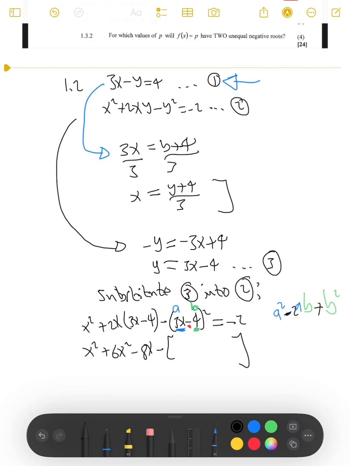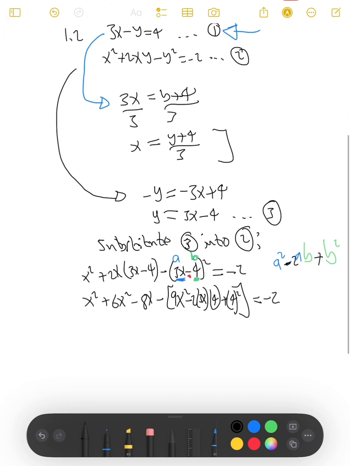So let's multiply out. Therefore we get 9x squared minus 2a, and then b is 4, and then plus b squared, this becomes 4 squared, which equals -2.